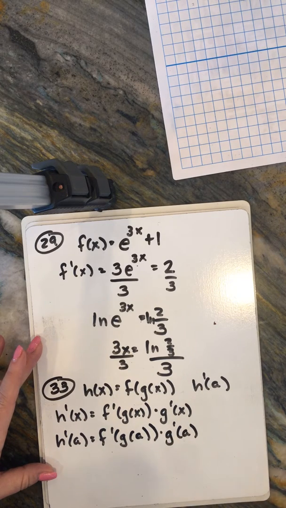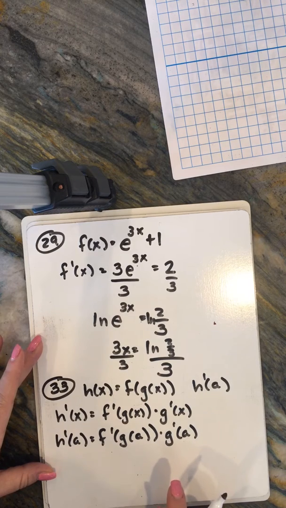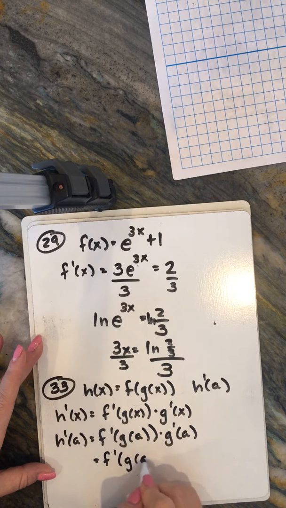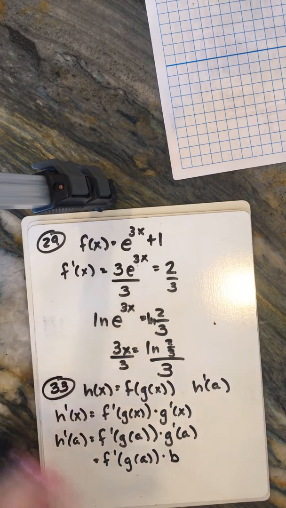And go to the information they give you. Where is it? I can't find it. Okay, g prime of a is equal to b. So we've got f prime of g of a times b.